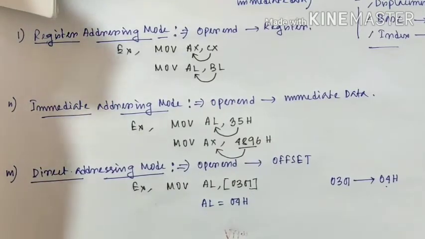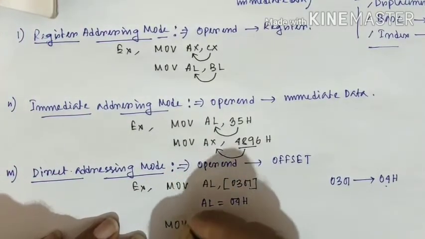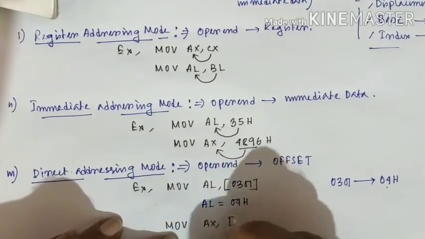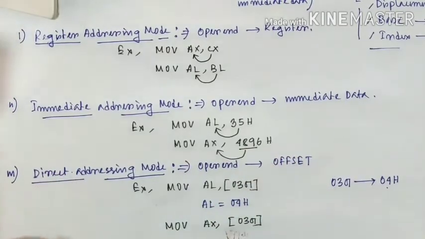Now another example can be like that. Suppose I have written the same thing. Move AX within bracket 0301. Then what will happen?